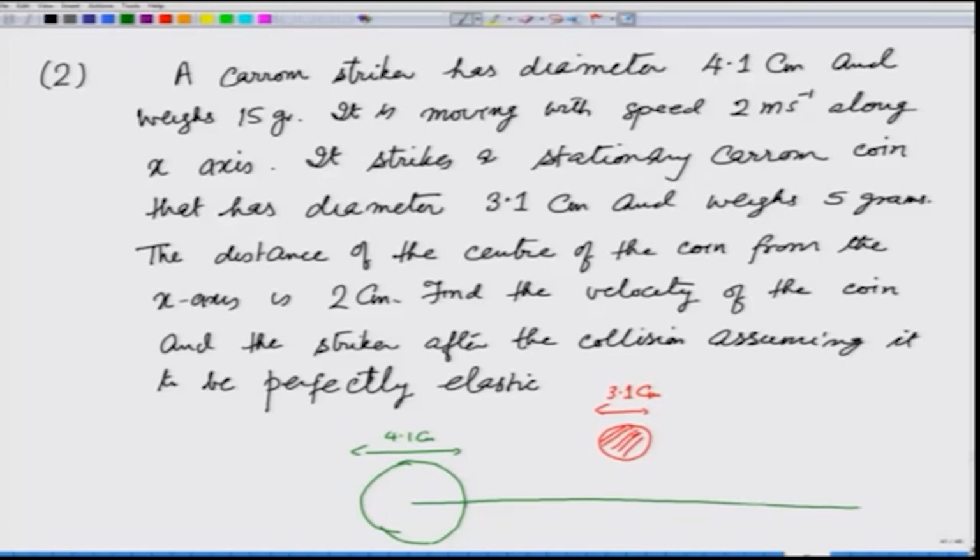It is moving along the x axis, and this fellow is at a distance 2 centimeters from the x axis. This comes in and hits the coin, and the coin will start moving. Now, notice the difference from the previous problem. Here the distances are given. So, we do have knowledge about one of the angles.